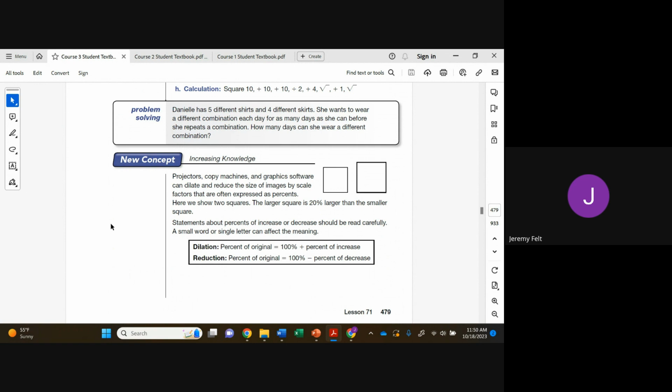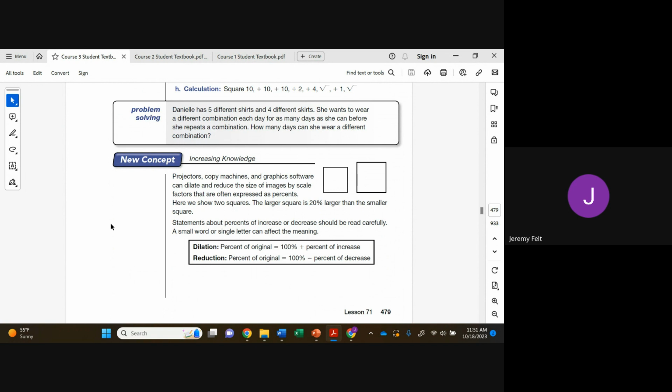If we're reducing it, then the percent of overall change would be 100%, because our starting point, our actual screen or building or item, is 100%, or 1 in number form, and then we subtract the percent of decrease. If it's a dilation or an enlargement, then it's 100% plus the percent of increase.